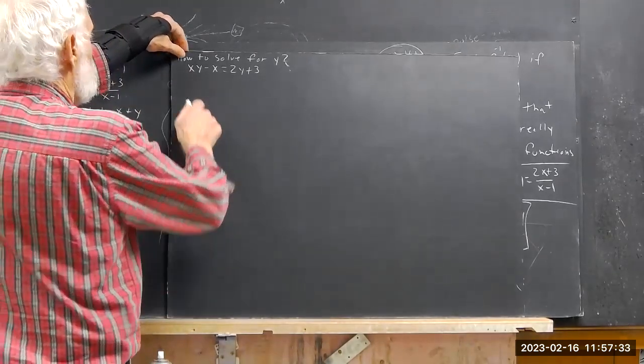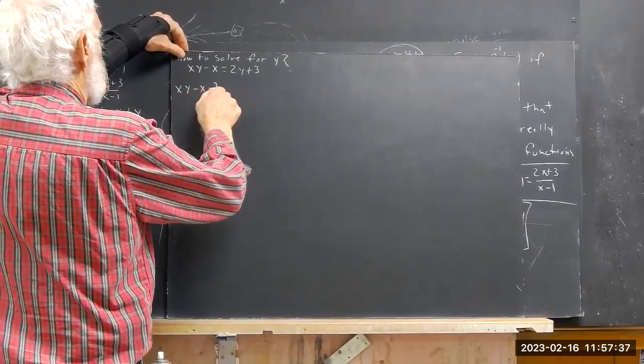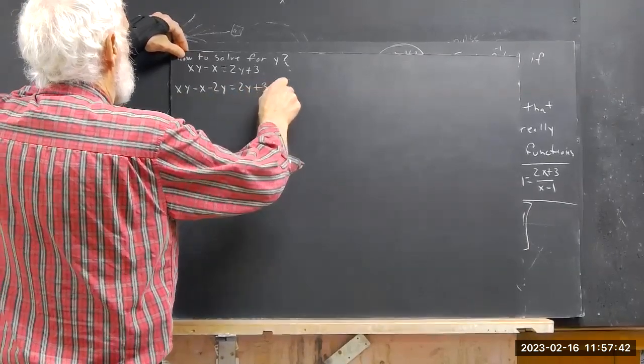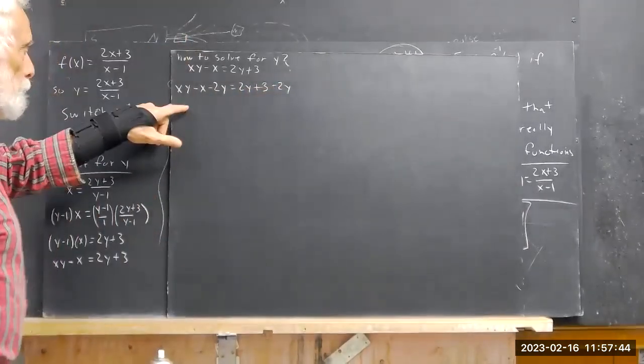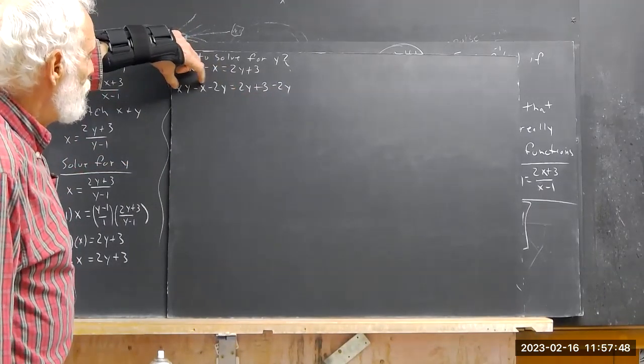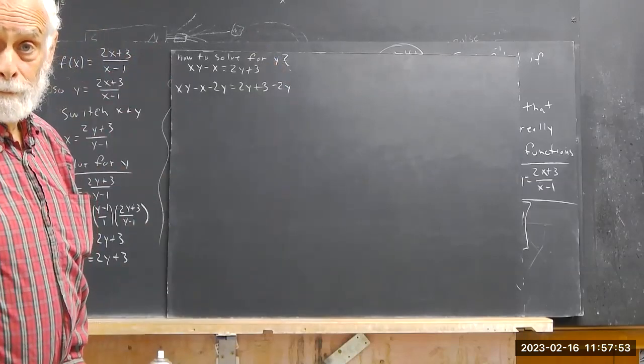So do the 2 steps. But x, y minus x minus 2y. Well, I've got this side, and I've got a minus 2y. I've got this side, and I've got a minus 2y. Okay.